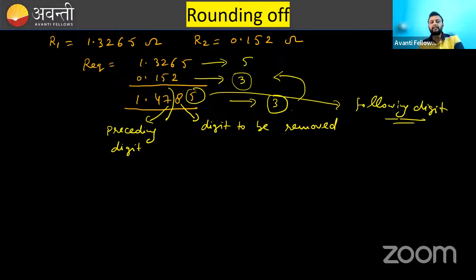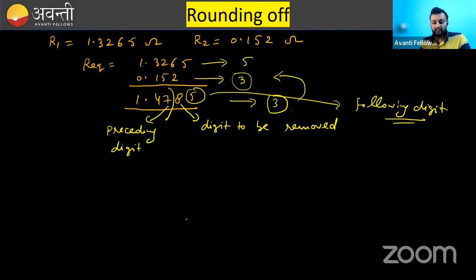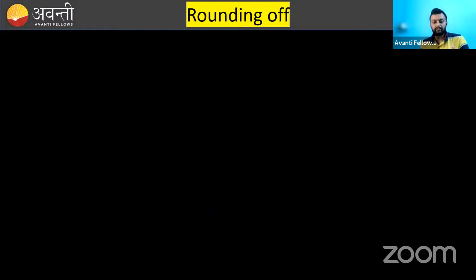Now I am assuming that you want this to be explained, so I will explain it. Now I think the point is clear. So now in this slide, I will explain the rules of rounding off.